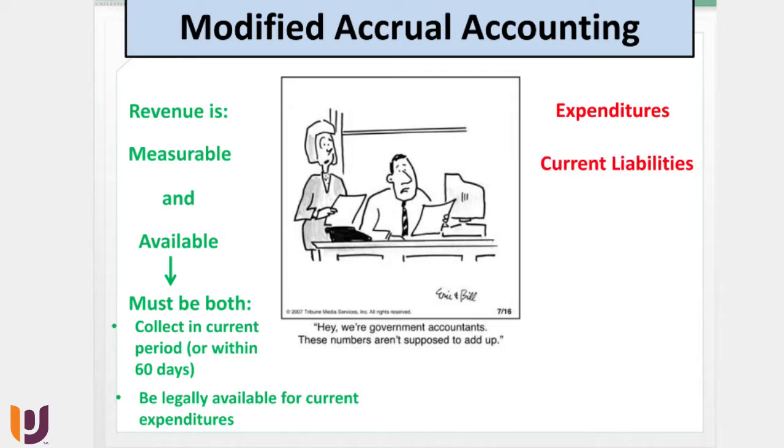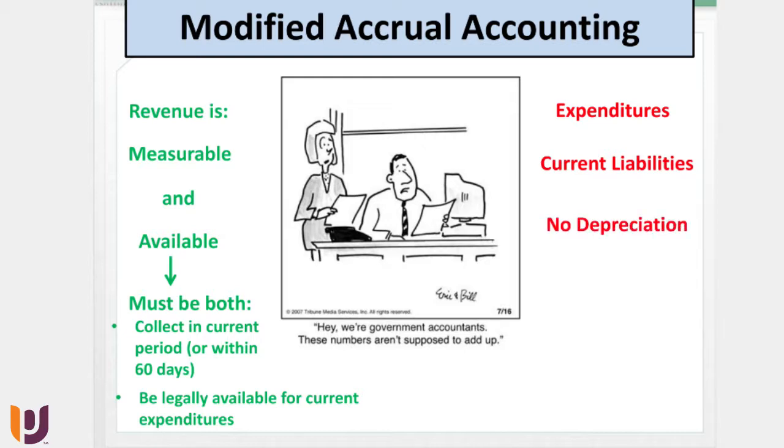Because of the focus on current year-end needs of government entities, the term liability refers only to current liabilities. Long-term liabilities are outside the measurement of the governmental accounting focus, and transactions that incur a long-term liability are not recorded as expenditures.